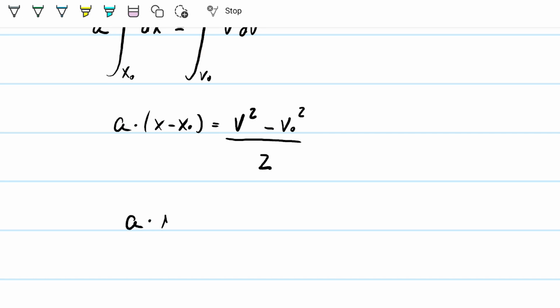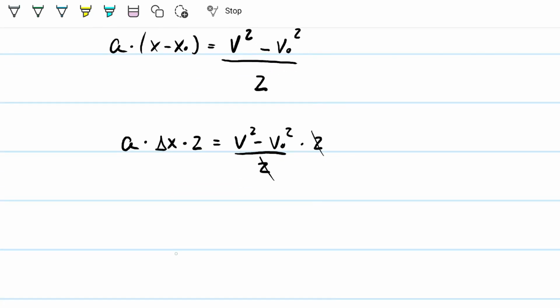So acceleration times my delta x, and I can go ahead and multiply on both sides by 2. So I can multiply by 2 here and by 2 on the right-hand side, which will basically eliminate the 2 from the division. And this already has the shape that we wanted. 2 times the acceleration times the delta x equals v squared minus v naught squared.